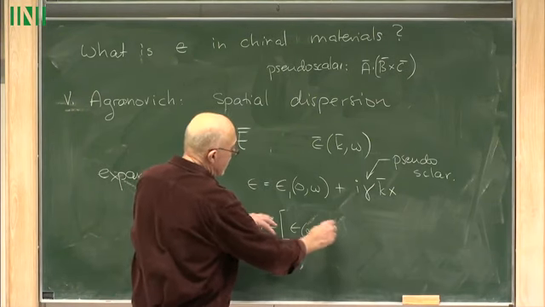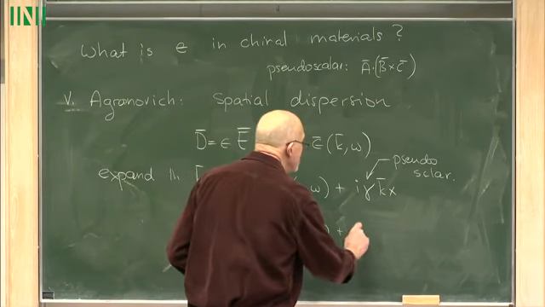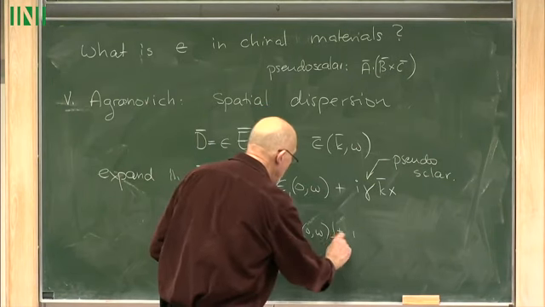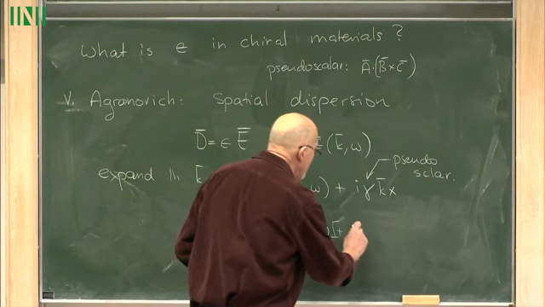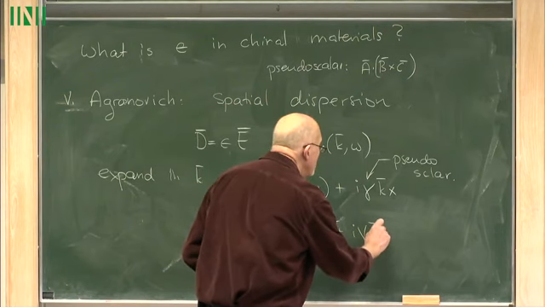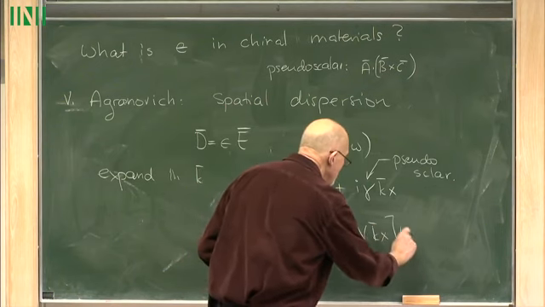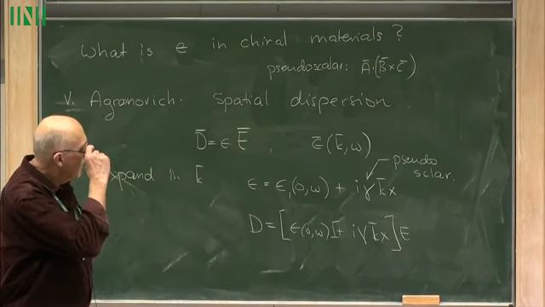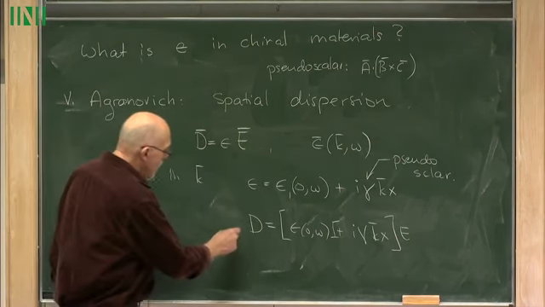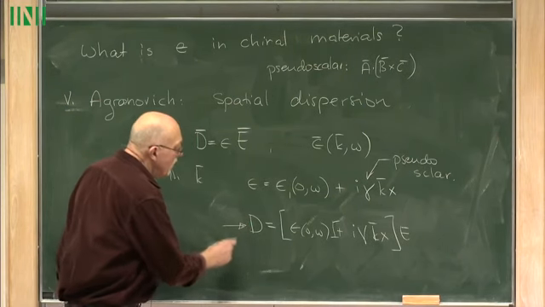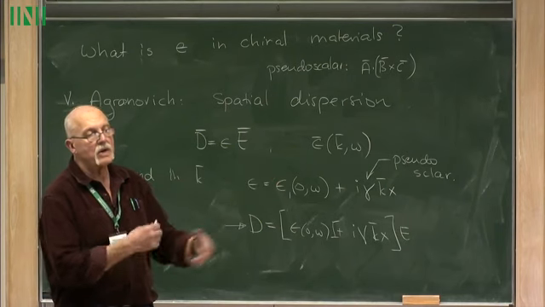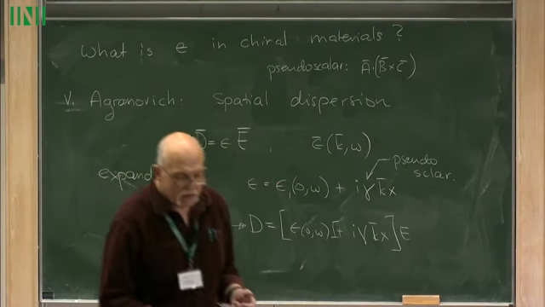This is just a number now, plus, no, sorry, this would have to be the identity now, and then i gamma k cross E. And it turns out that if you then substitute this into the wave equation and work it through, then you get optical rotation.